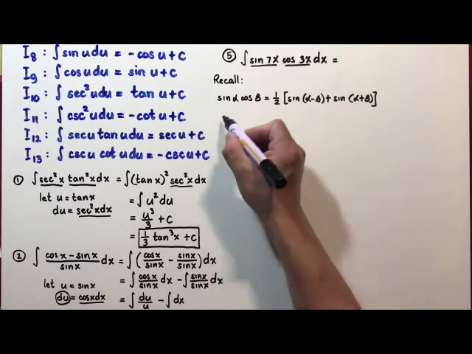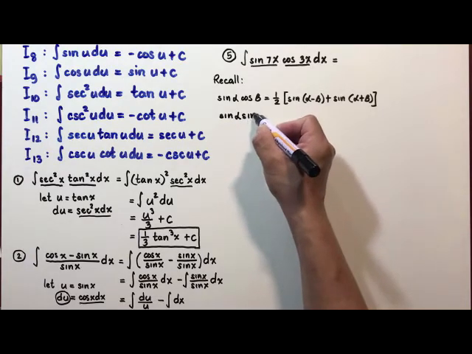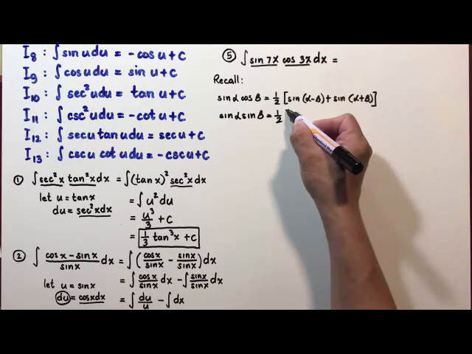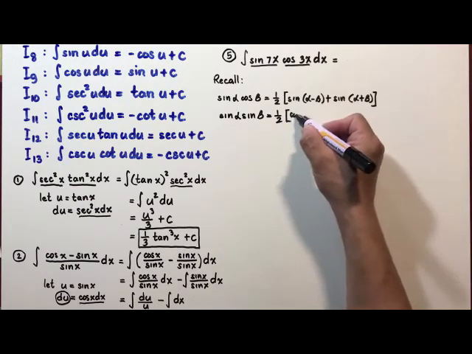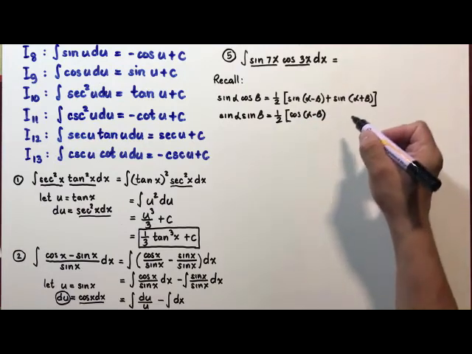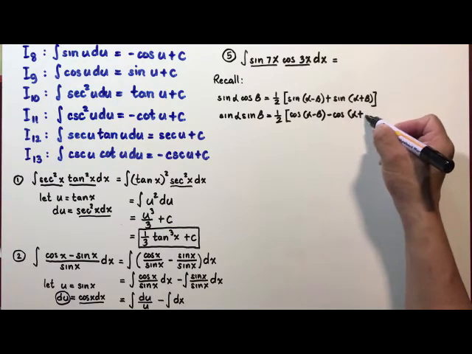Also, we know that the sine of alpha times the sine of beta is equal to 1/2 times the cosine of alpha minus beta minus the cosine of alpha plus beta.